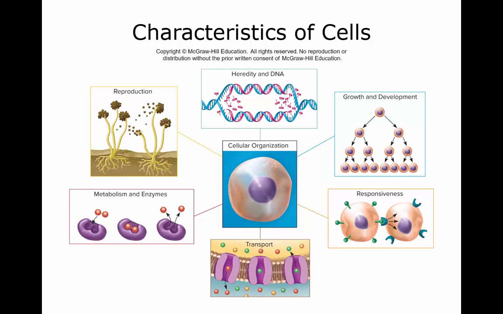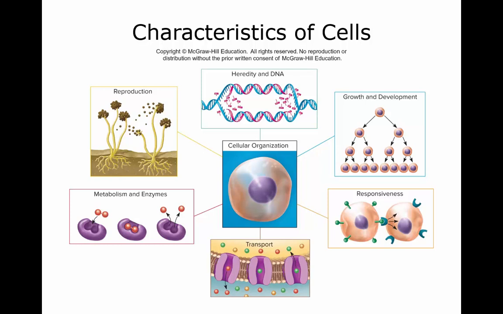They also are going to be involved as far as with the life processes and the chemical processes by metabolism and enzymes. And things are going to have to be transported, nutrients and waste, across the cell membranes.